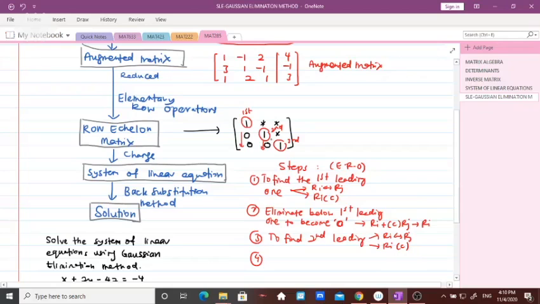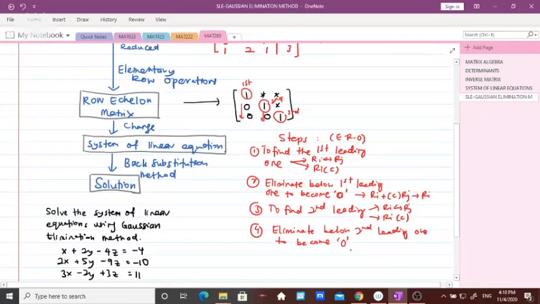After we get the second leading one, we eliminate the entries below the second leading one to become 0. So we can use the elimination process.